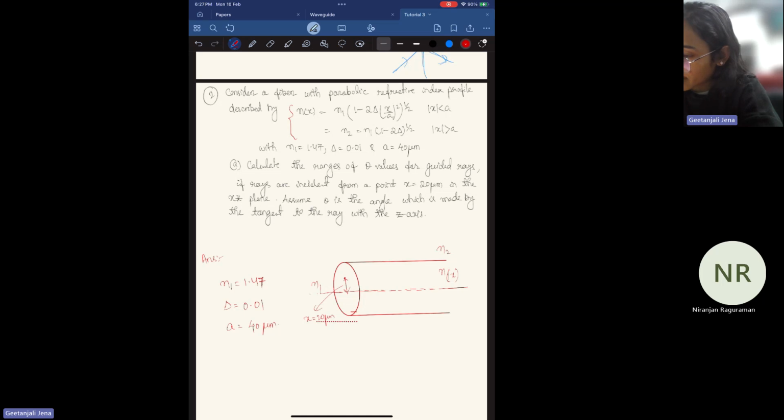So rays are incident from here, instead of the axial position, from x equal to 20 micrometer in the x-z plane. Assume theta 0 is the angle made by the tangent to the ray with the z-axis.